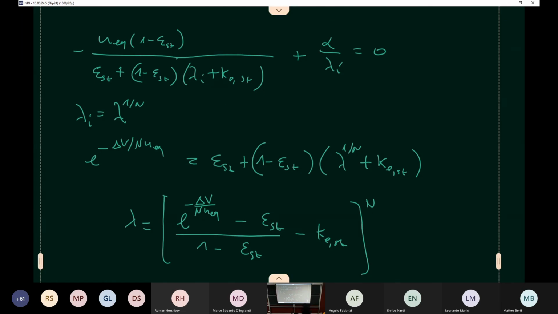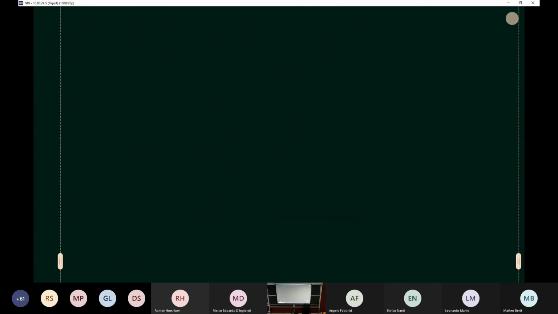If this is the case, you would have this expression: e to the minus delta V over n u_eq, minus k. This is with epsilon equal to 0 and k not 0.